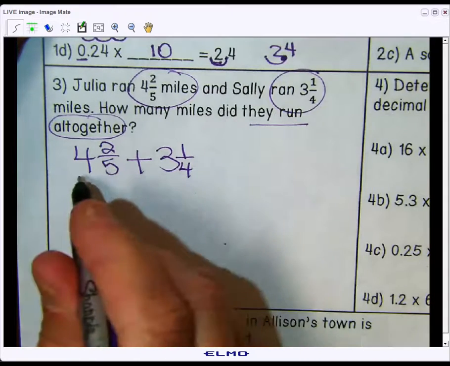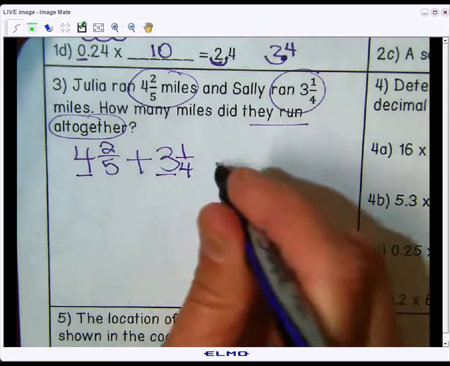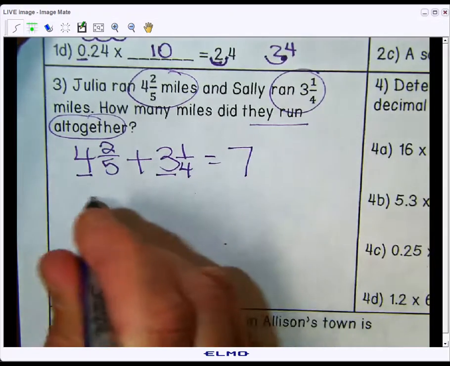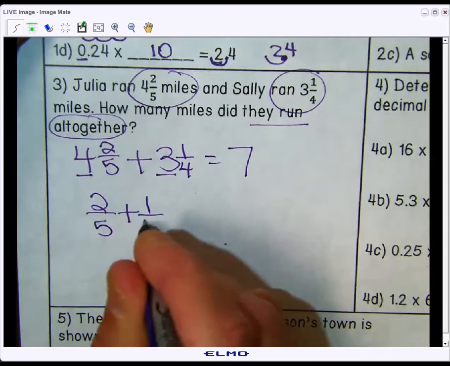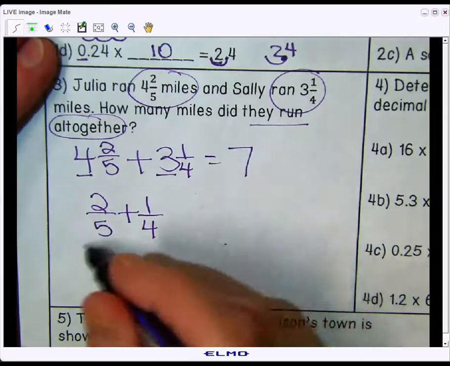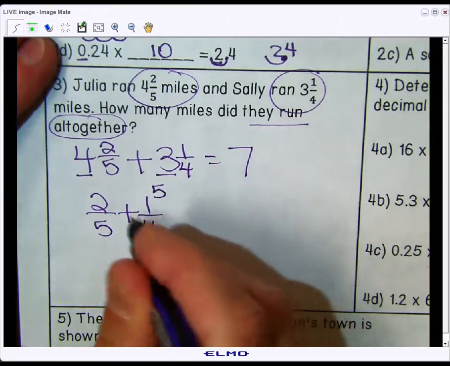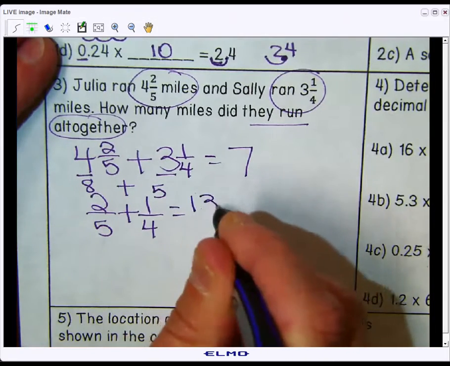Or we could look at the whole numbers and add the whole numbers first, and 4 plus 3 is 7. Then we can use just the fractions and we can find a common denominator, or we can use the butterfly. So if we butterfly, this is 5, 8, and 8 plus 5 is 13.